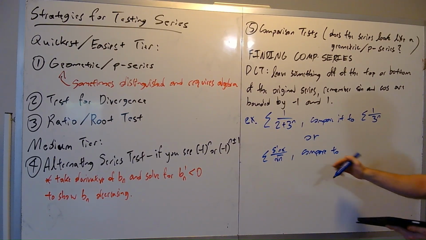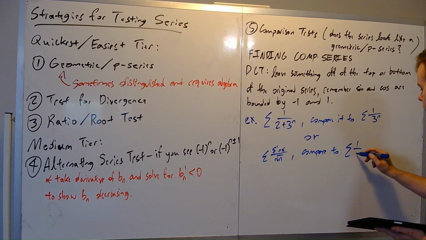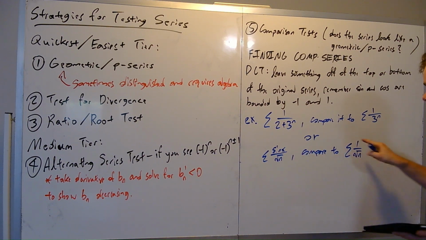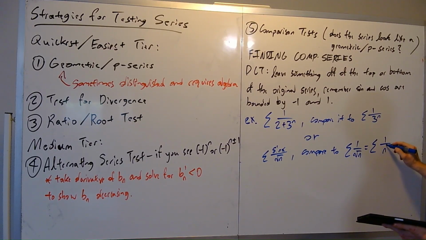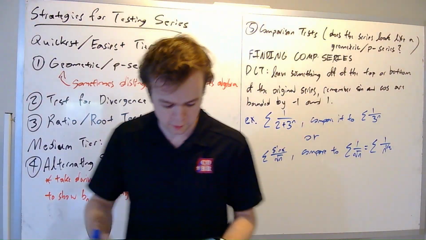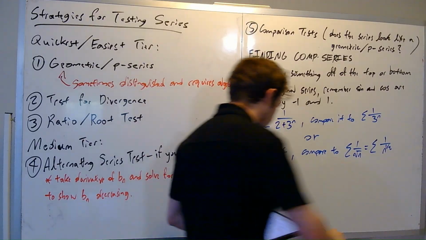So we know that this is going to be less than or equal to the sum of 1 over the square root of n. And just because sine x is always less than or equal to 1, and we know that this is actually equal to the sum of 1 over n to the 1/2, and now that's a p-series, where p is equal to 1/2. Okay, so that's how we can use our direct comparison test.